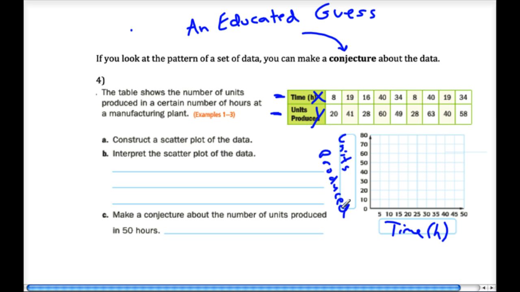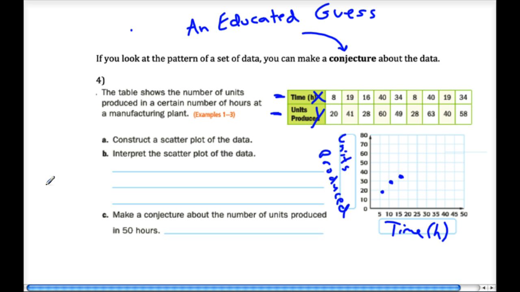Okay? And then just graph those 1, 2, 3, 4, 5, 6, 7, 8, 9 ordered pairs. Construct the scatter plot. Again, just eyeball it. Do your best estimating here, people. So at 8, it's 20. At 19, it's 41. At 16, it's 28. So these ordered pairs, guys, are not in order of X or Y. They're random.